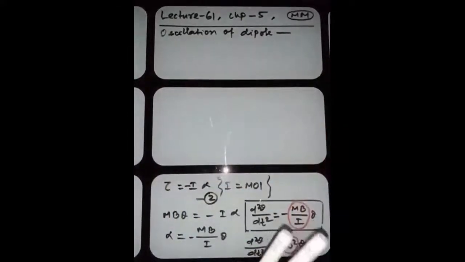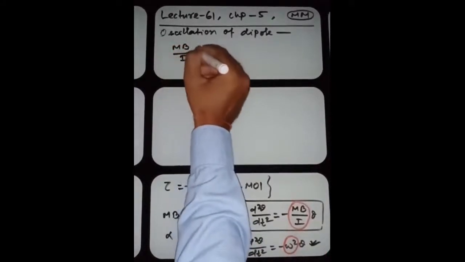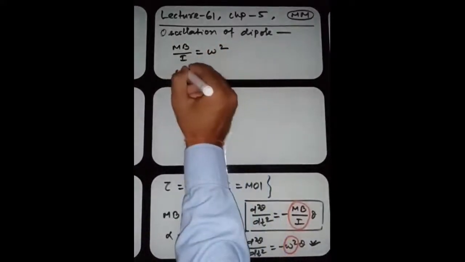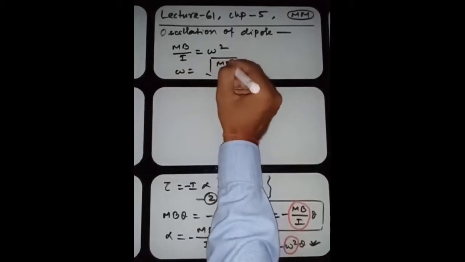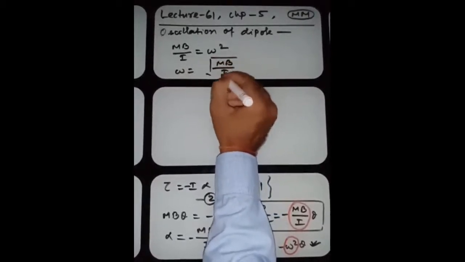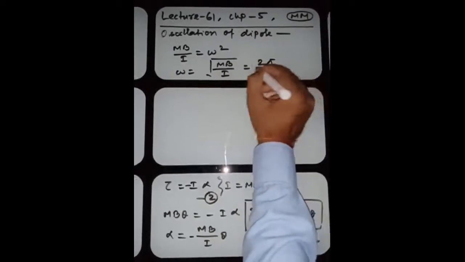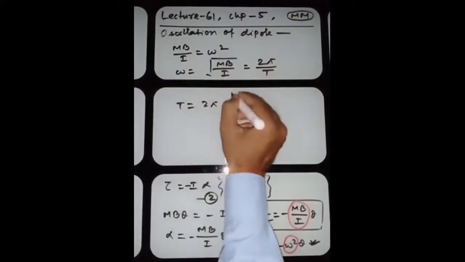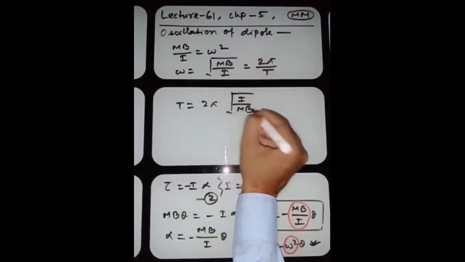We can write, my dear student, mB over I, it is equals omega square, or the omega is equals to root under mB over I, and which is equals 2 pi by T, or the T can be written as 2 pi root under I by mB.